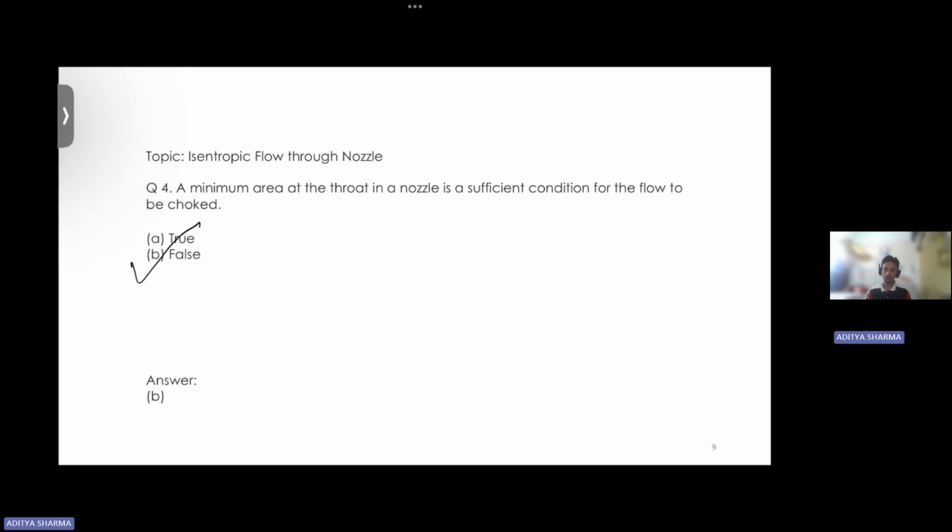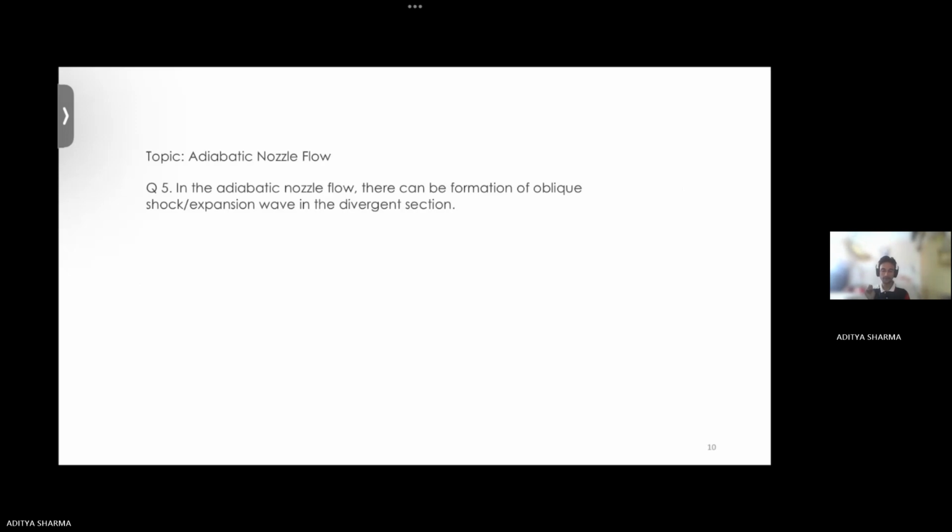So let's move on to our next question of the session, question number 5. This question is on adiabatic nozzle flow, where we encounter normal shocks.